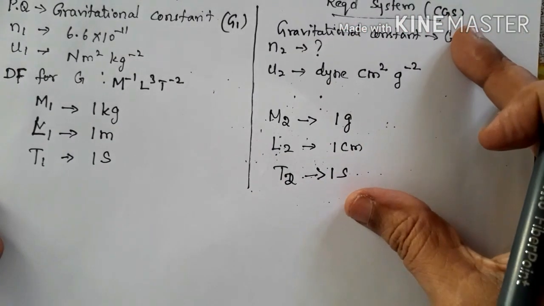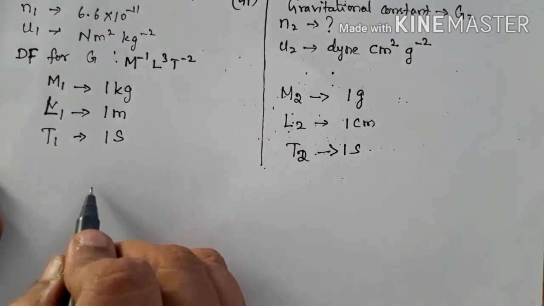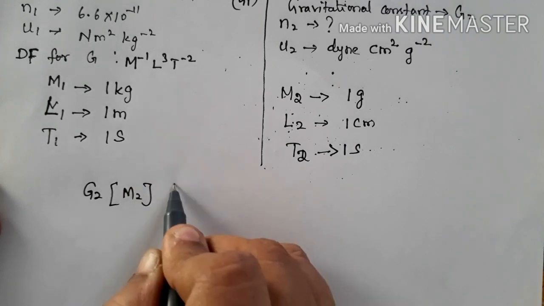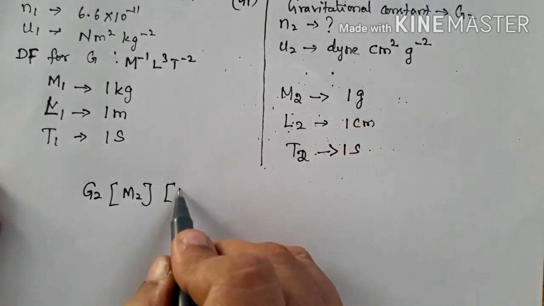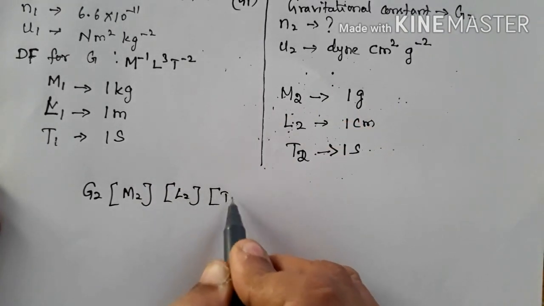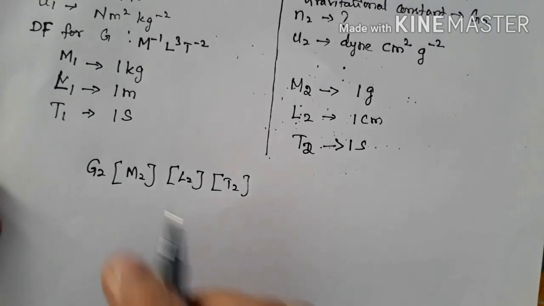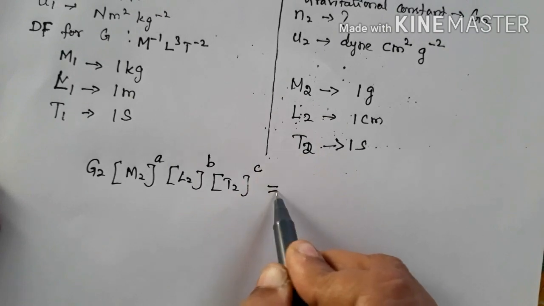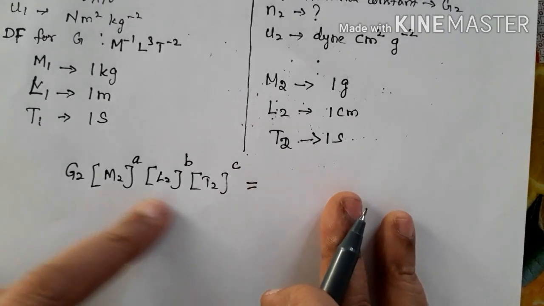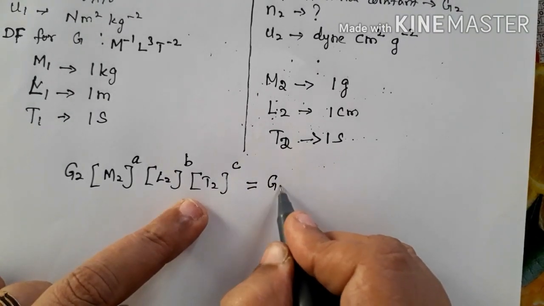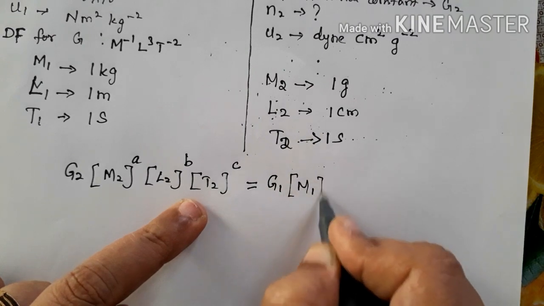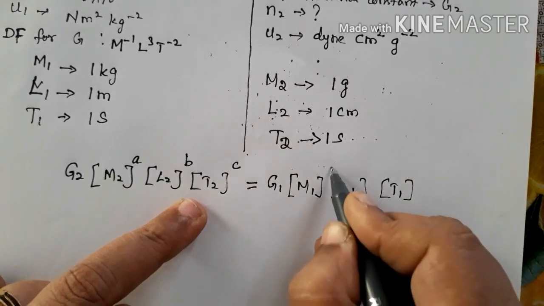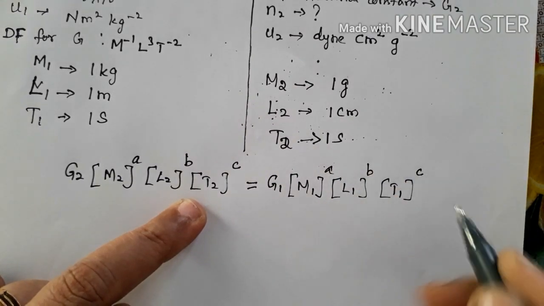So the left hand side is the required one, so I will write it here: G2 M2 L2 T2. And you can give powers to these: A, B, C. On the right hand side, write the same thing but replace it with the subscript 1: M1 L1 T1, with the same powers A, B, C.